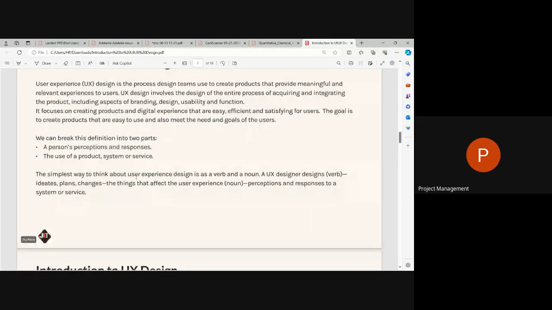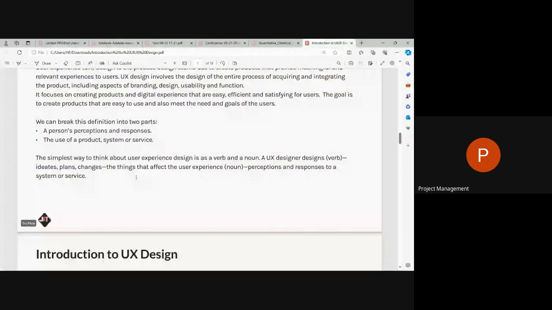So for us to understand UX design more, we are going to break it into two parts. The way you can think about it is that as a UX designer, you design things, you research, you analyze what you researched based on your users.